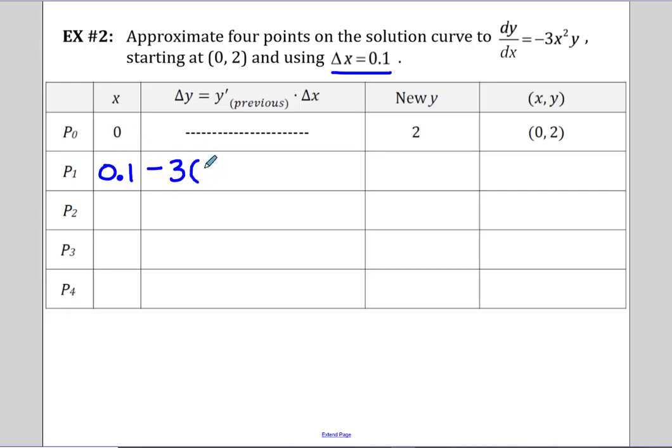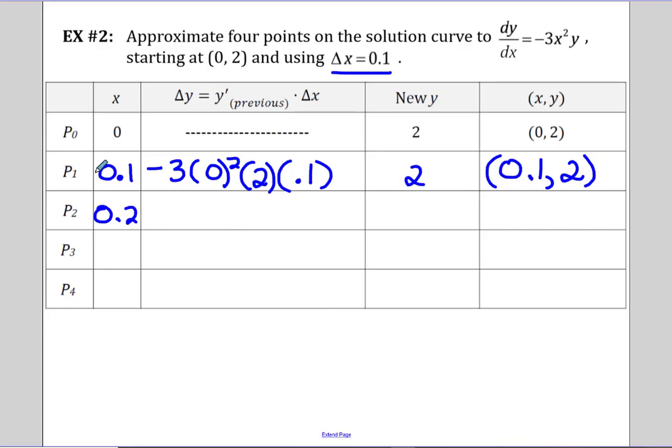So our x was 0, and our y was 2, and we're multiplying it times 1/10, which is our step, and that gave me 2. So again, we have 1/10 and 2. So we're stepping up 1/10 because this is going up by 1/10 each time. This would step up to 0.3, and this would step to 0.4.